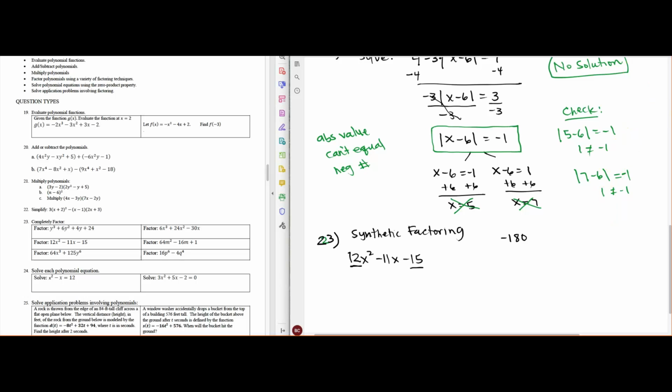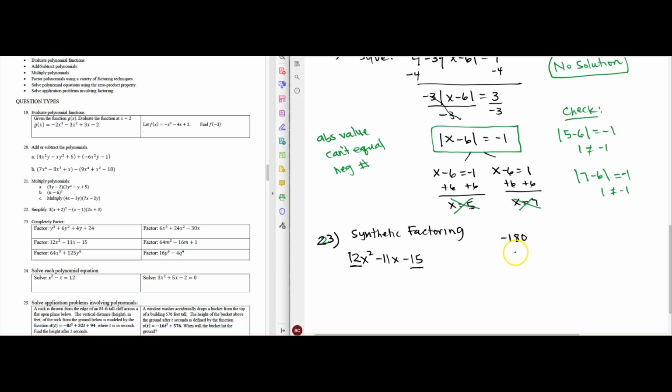And so we want to break this down and think about what the different factors are that could make up this. So what multiplies to be negative 180 that adds to be negative 11? You can work in an organized fashion to help you get there.